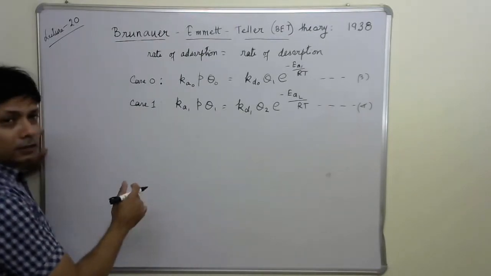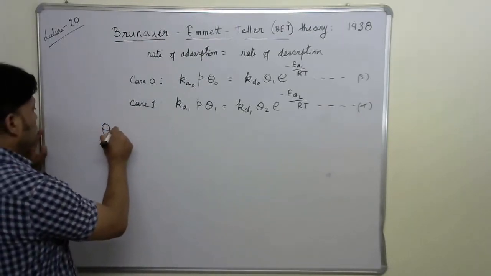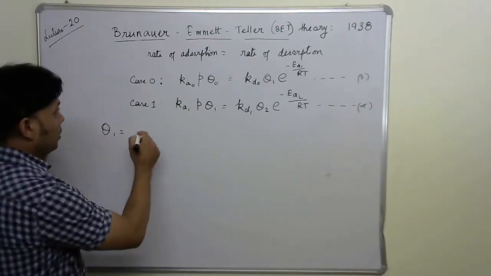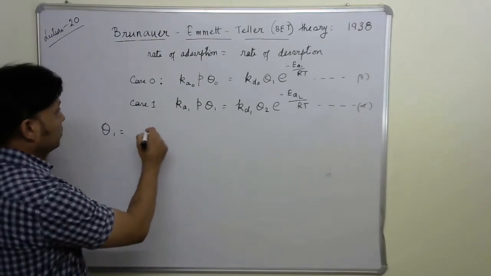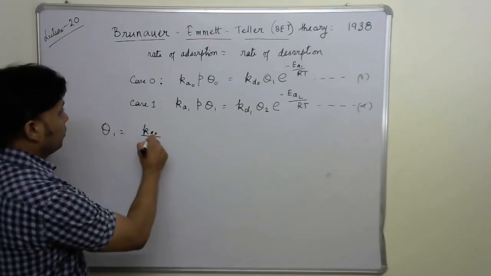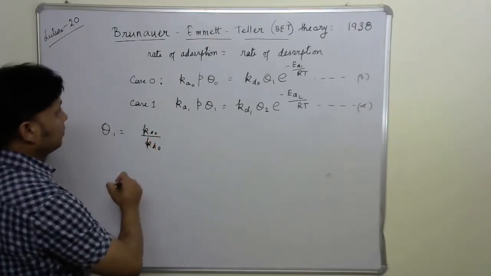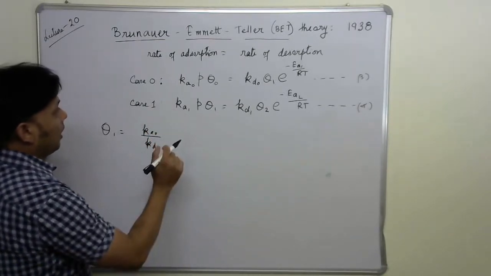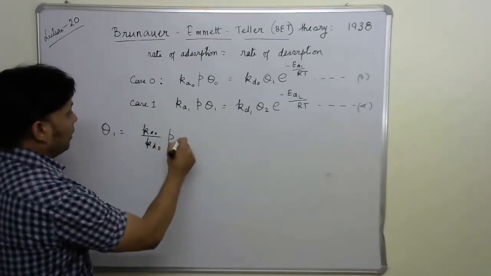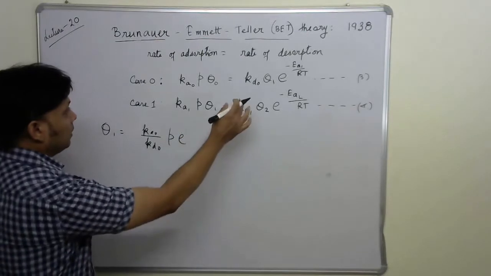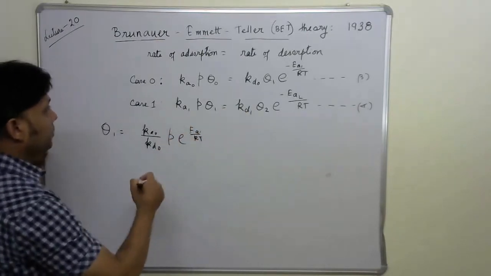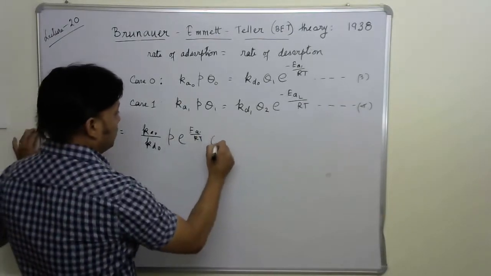For that, we want to find the expression for theta 1 first. So theta 1 should be equal to Ka0 divided by Kd0, and then multiplied by P, and then e to the power Ea1 divided by RT multiplied by theta 0.